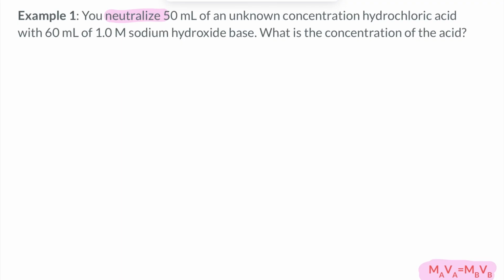You neutralize 50 milliliters of an unknown concentration of hydrochloric acid with 60 milliliters of 1.0 molar sodium hydroxide base. What is the concentration of the acid? Looking at our formula, since this is neutralization, I'm going to use MA times VA equals MB times VB.